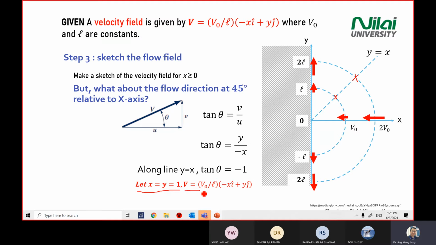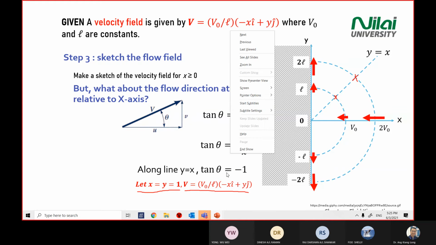So this is the general field equation. V equal to V naught divided by L times minus x i plus y j, correct? Yes, sir. Then you substitute the x value and y value inside. You'll get this times negative i hat plus j hat, correct?